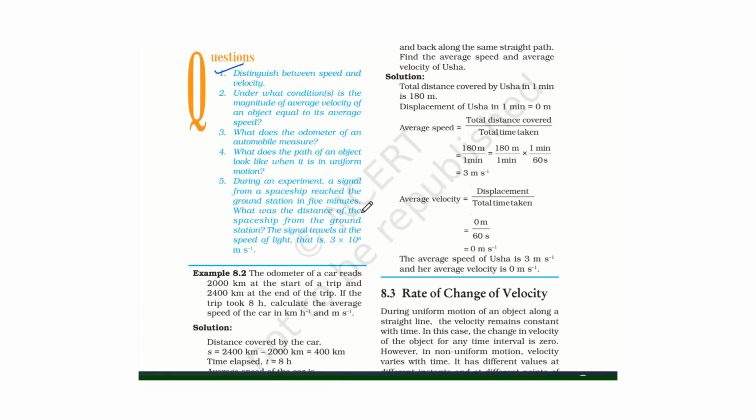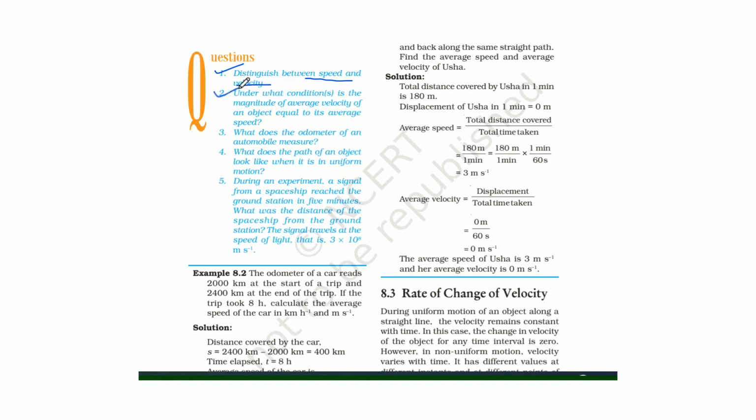So velocity can be zero, speed cannot be zero. As speed is equal to distance upon time, distance can be zero when object is at rest, but distance is always positive when object is in motion. So you have to write the differences between speed and velocity.